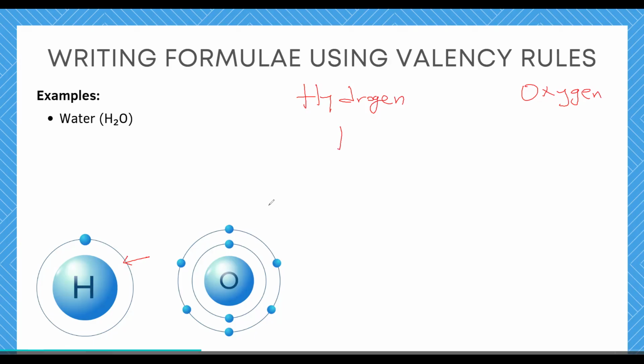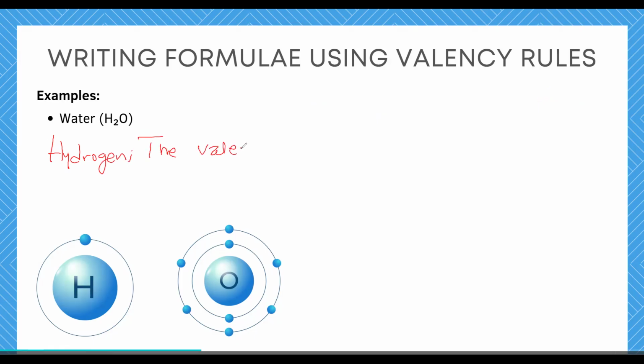Could you write it in steps, like in sentences, so I can remember this? All right then. So we have hydrogen. The valency. Are you writing it down as I'm writing it down too? Yeah, of course.